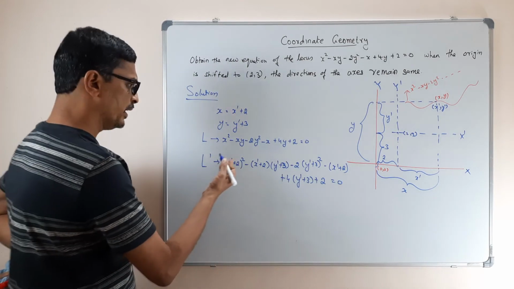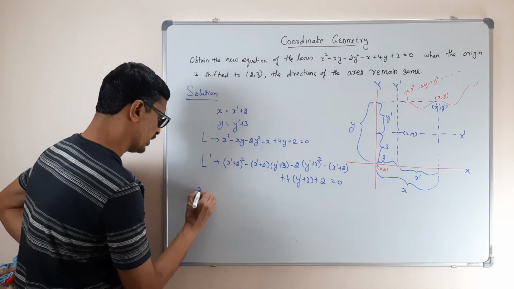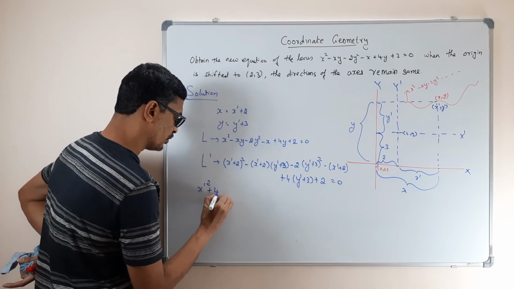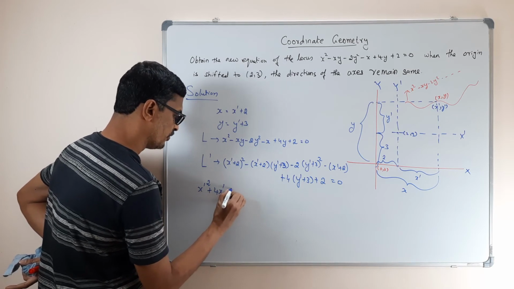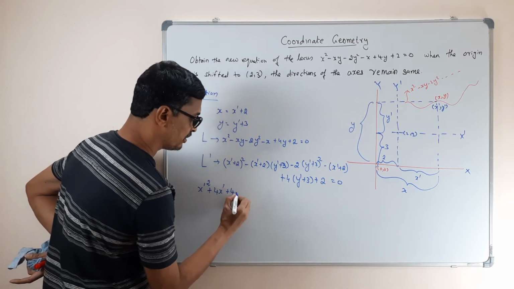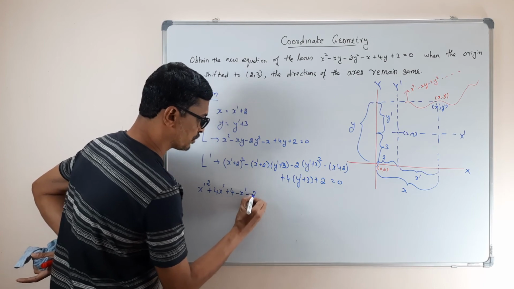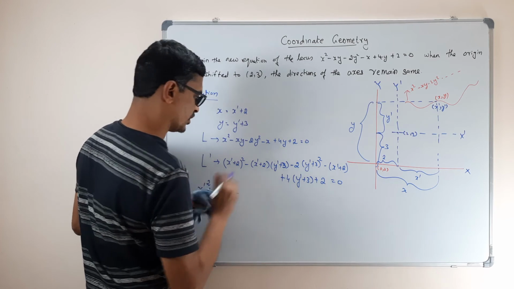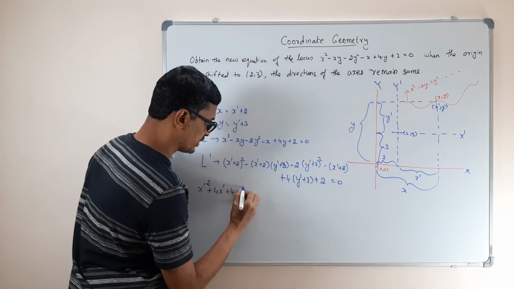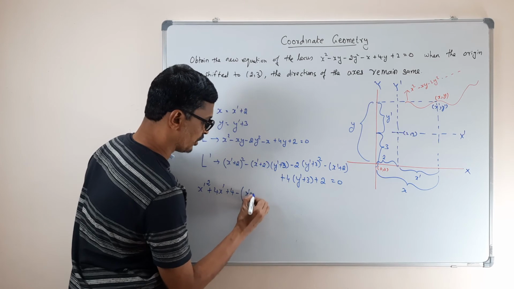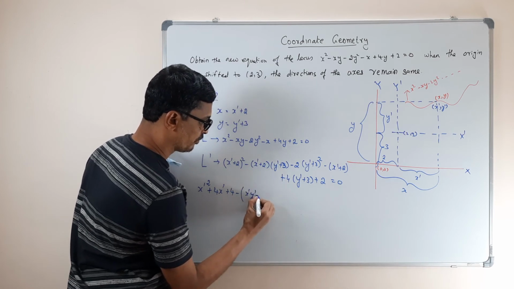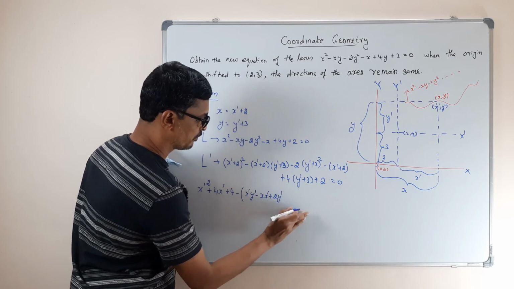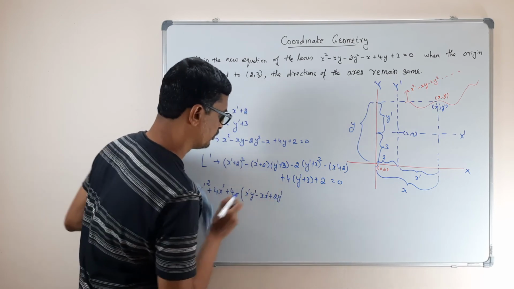Okay. I open it. Simple. What is it going to become? x prime square plus 4x prime plus 4. This minus is there, right? Minus x prime minus 2. Oh, sorry. This product is there, na? So minus x prime y prime minus 3x prime plus 2y prime plus 6.